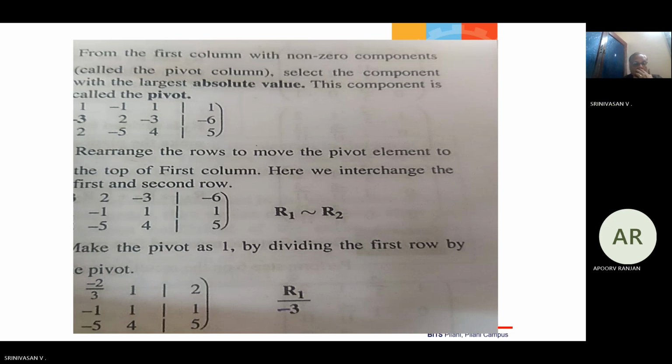No, sorry, only the first row, because only the pivot element is to be made 1. Other elements will remain the same.